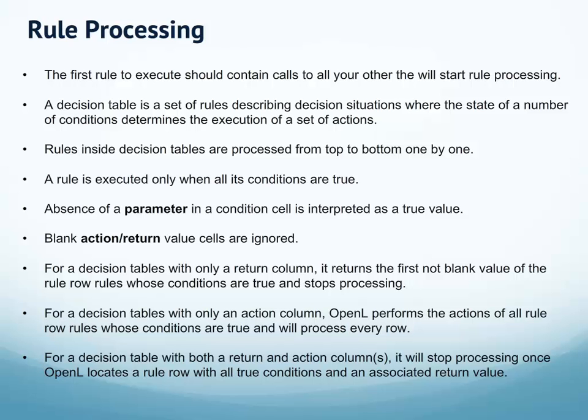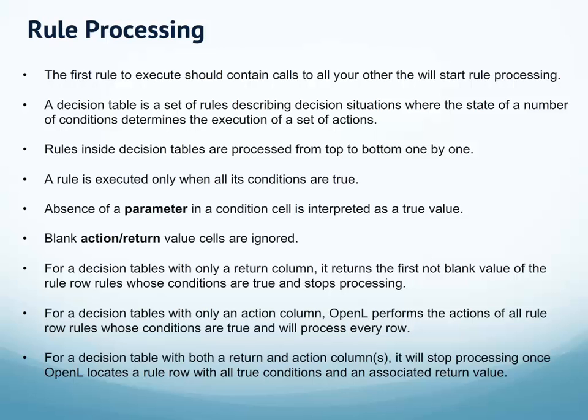So blank cells in your conditions are going to result in a true value. Now, if there was an actual blank cell in your return or action column, then that's actually just going to be ignored.